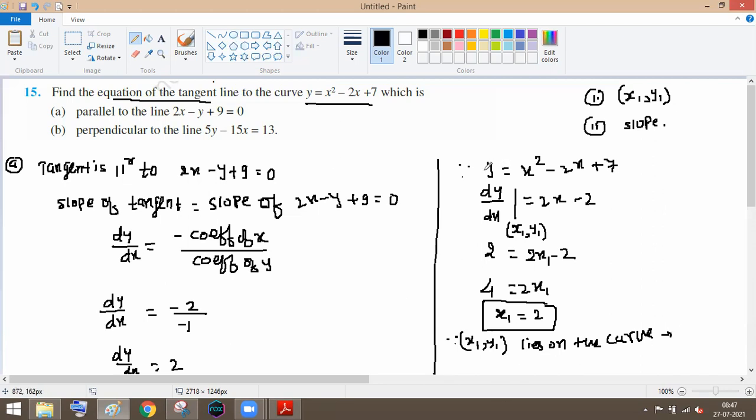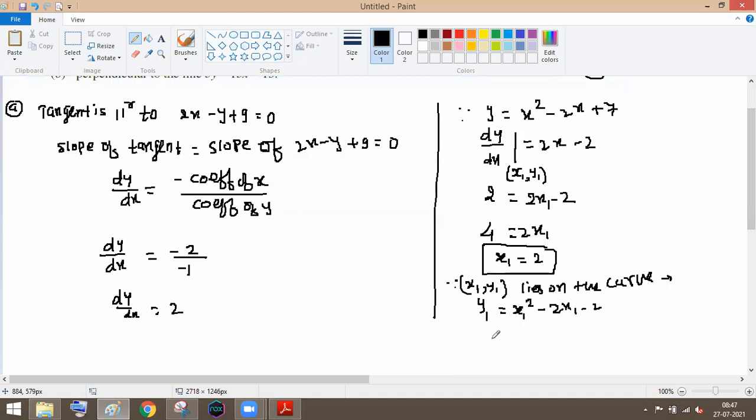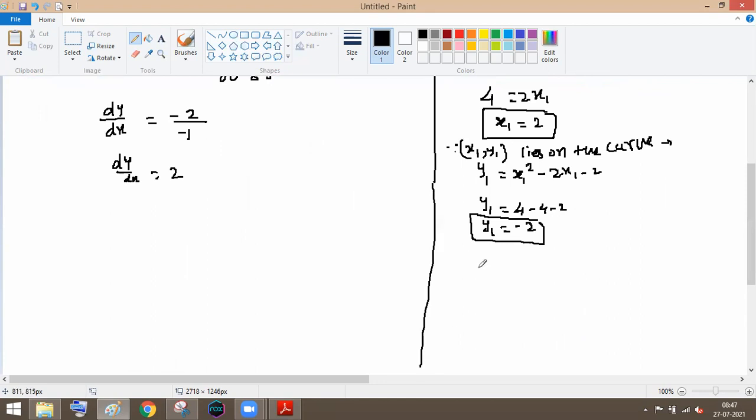It means that here in place of y we take y1 and in place of x, x1, so y1 equals x1 square minus 2x1 plus 7. But we know x1 is 2, so y1 equals 4 minus 4 plus 7. What is y1? y1 equals 7. Everyone clear? So we got this point x1, y1, which is equal to (2, 7).